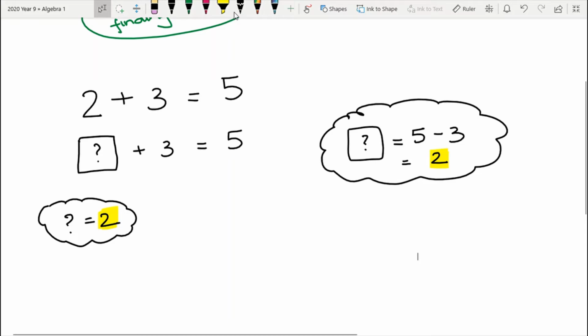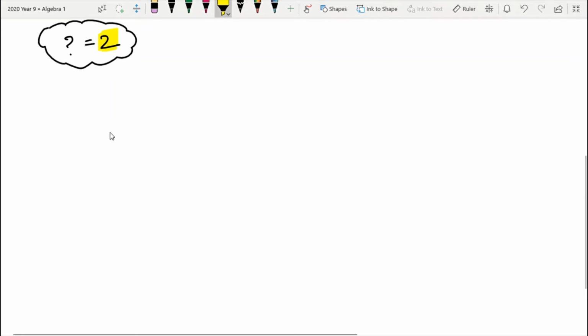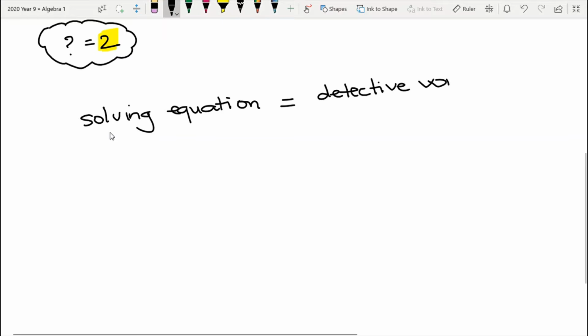So I'll write down: solving equations is actually detective work, working backwards. You try to unfold a story, you work backwards. We'll go over a few examples and you will see why.